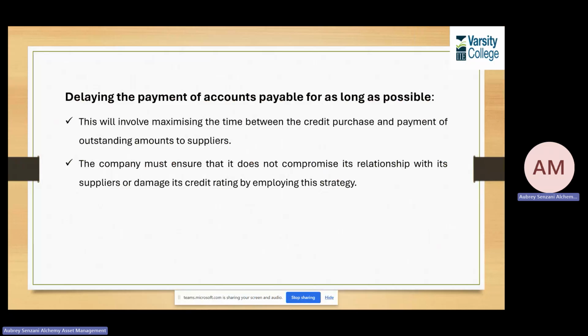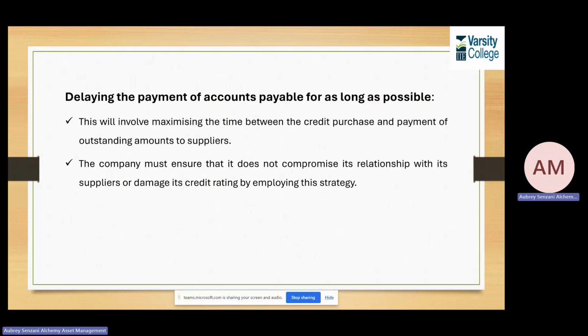Okay. Then here, delaying the payment of accounts payable for as long as possible. Okay. This involves maximizing the time between the credit purchase and payment of outstanding amounts to suppliers. Theoretically, this is very easy. It's very straightforward. But in the real world, it's not always as easy to just say, can we have more time to pay?